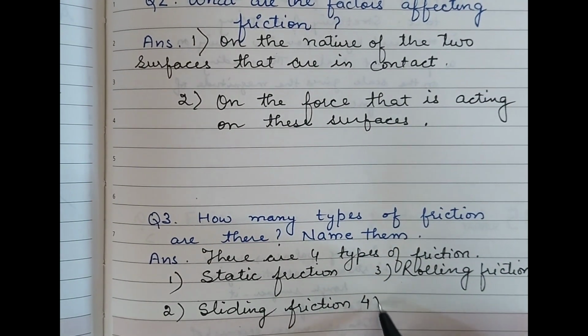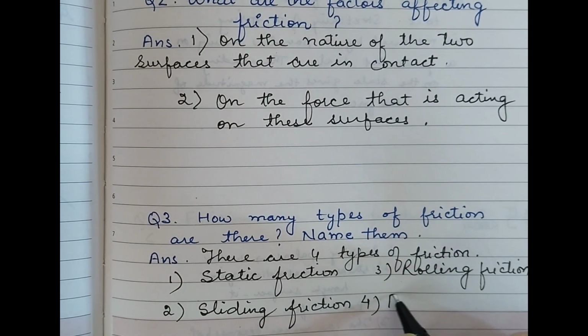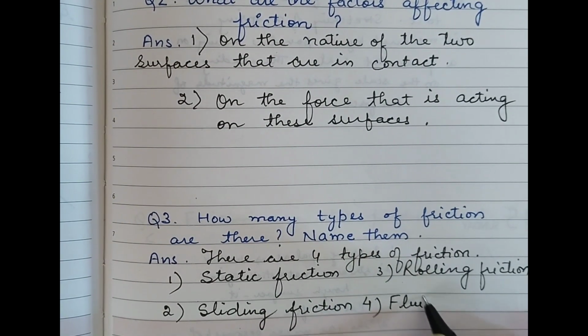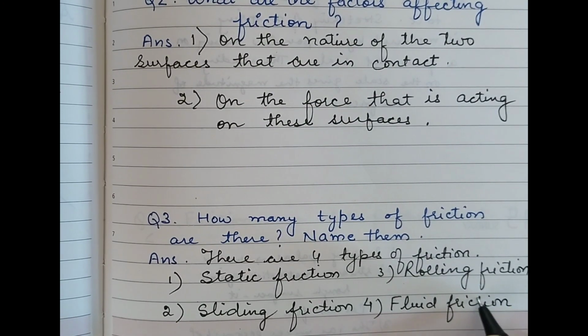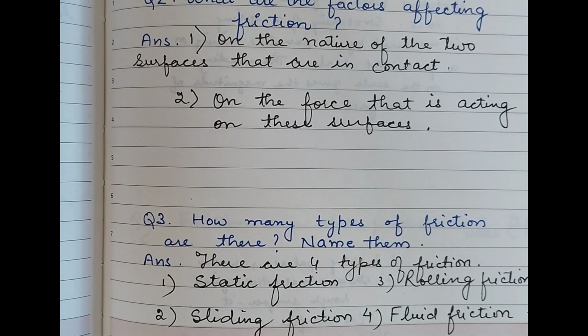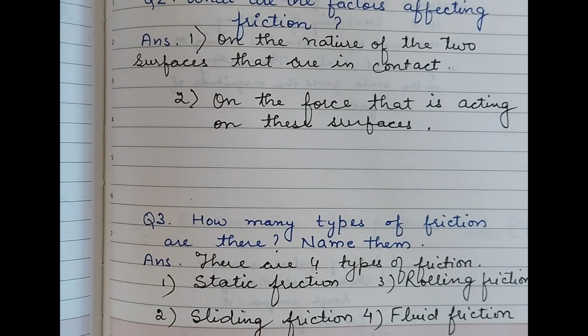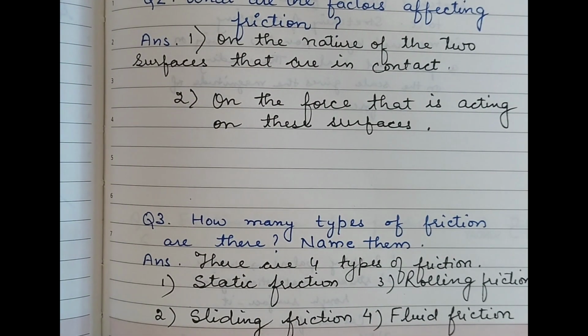And number 4, fluid friction. So there are 4 types of friction: static friction, sliding friction, rolling friction and fluid friction.